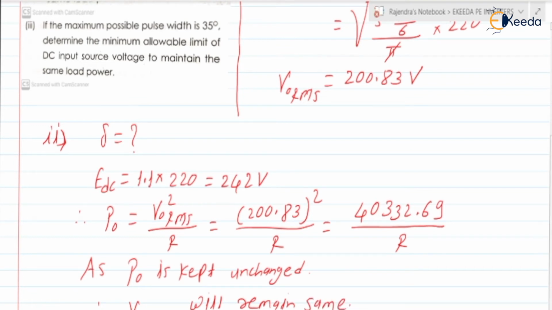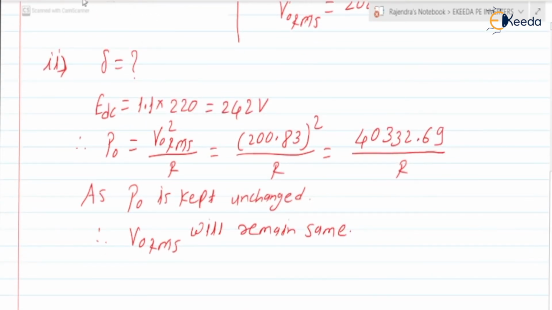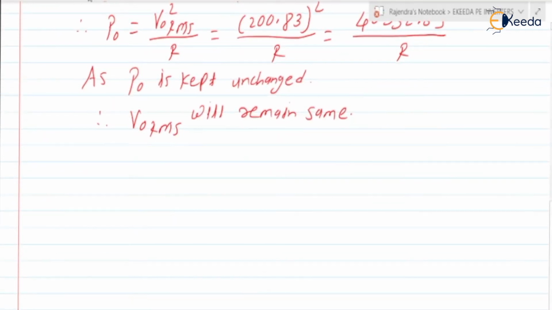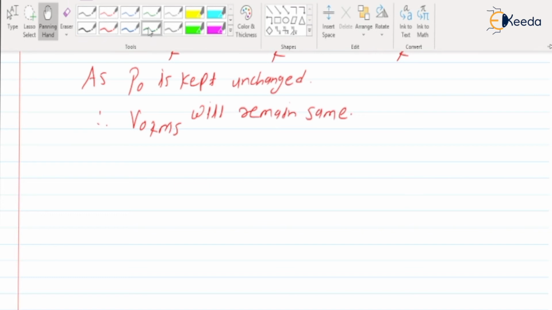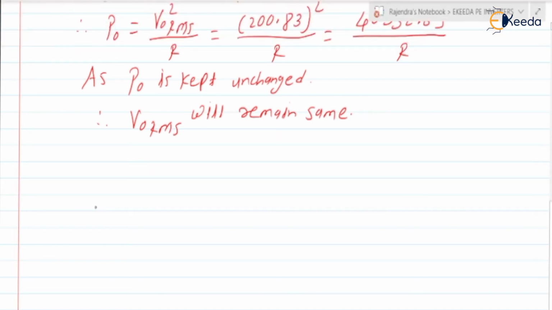V0 RMS is to be the same as that of the previous case. So we can write V0 RMS is equal to under root P into delta divided by pi, into EDC.